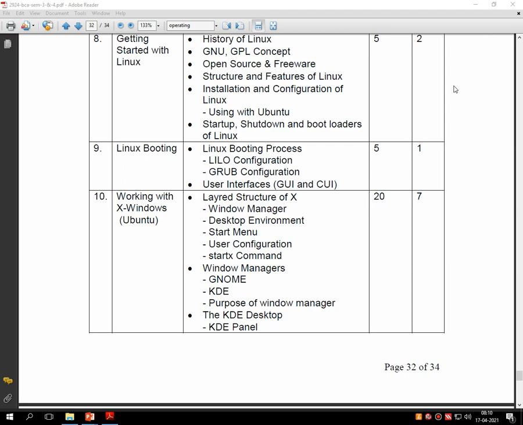So these are the two main parts that we are going to discuss for unit number 9. So let's start.